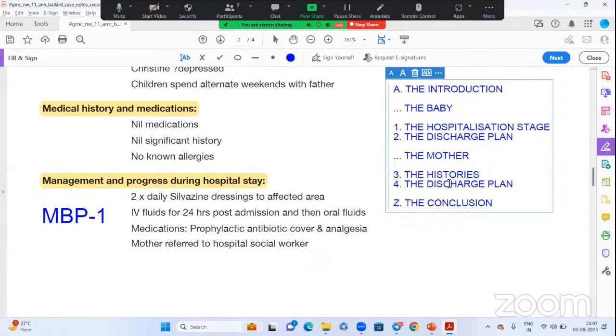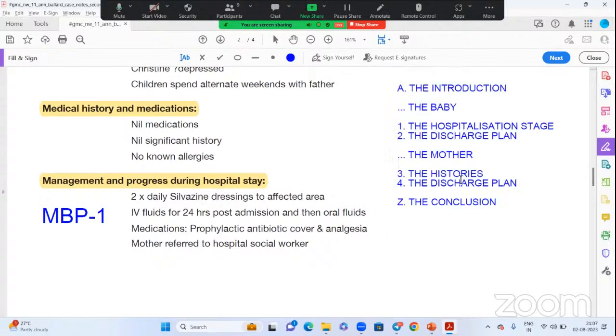And what mother should be provided, because both of them are taken care of here. If the mother is taken care of, the baby will automatically be taken care of. So remember that. Okay. So this is the way how you are going to write. Fine. Now let us see here.